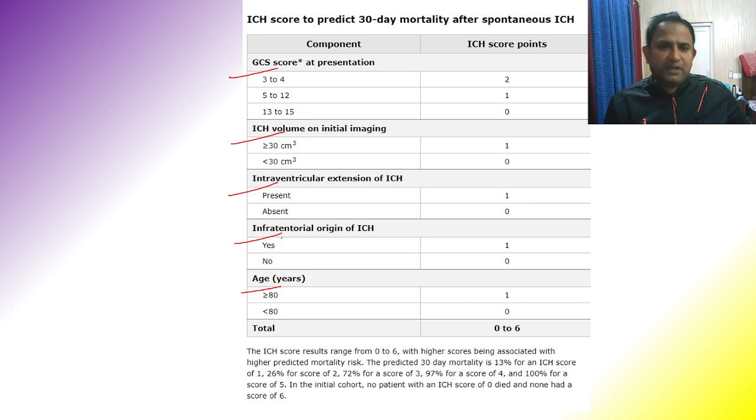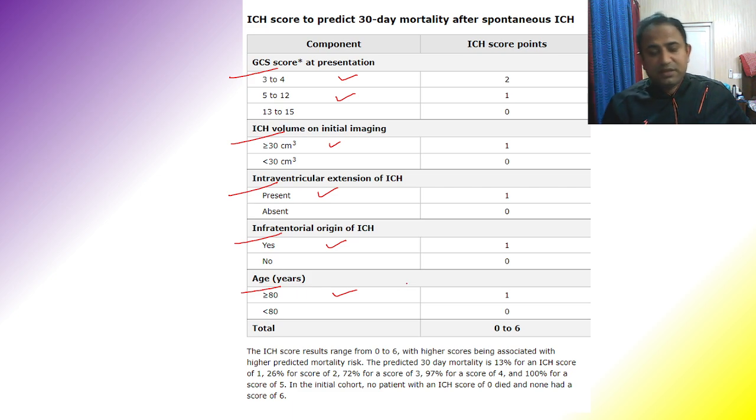A large volume bleed, intraventricular extension, infratentorial origin, advanced age, and of course a low GCS are all poor prognostic factors.